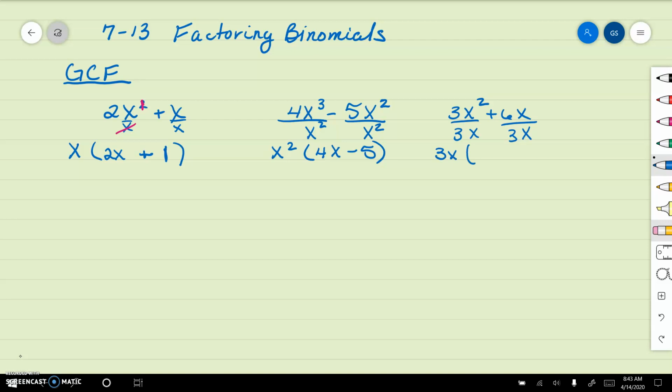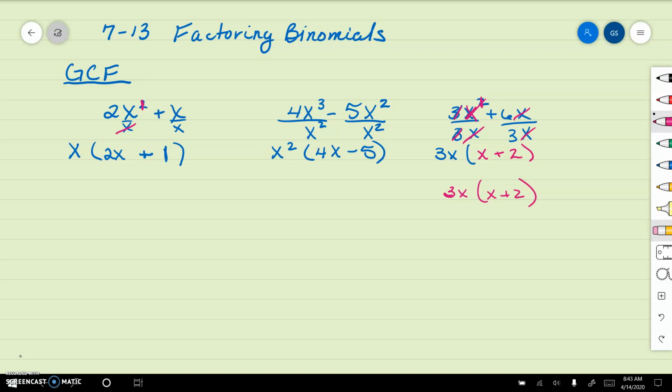What's left over after we divide, the 3's cancel out. You get an x to the first here, because this x goes away, so that's an x. Cancel out the x's on the second term, and 6 divided by 3 is 2. So our answer is 3x parentheses x plus 2.